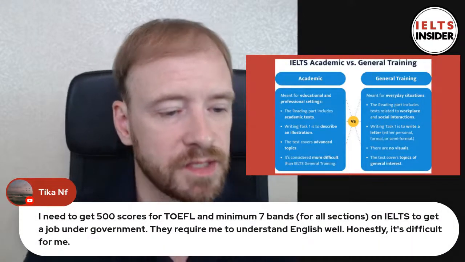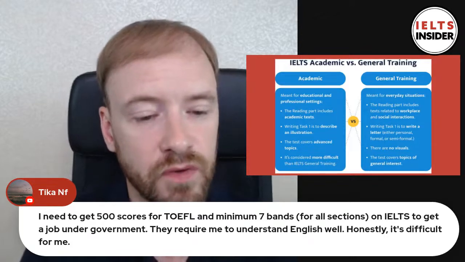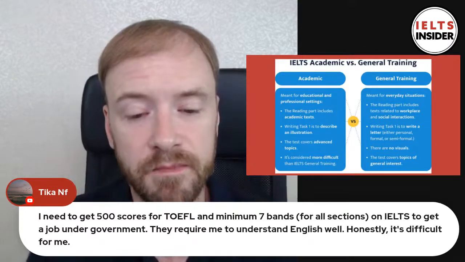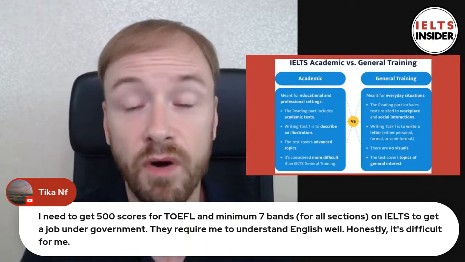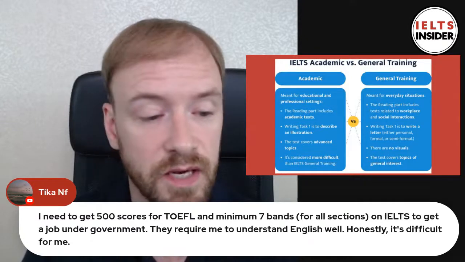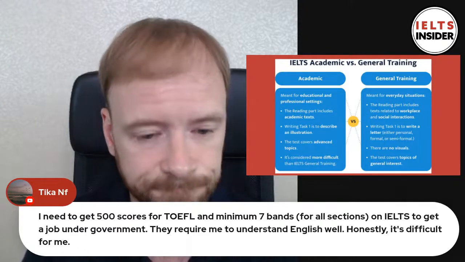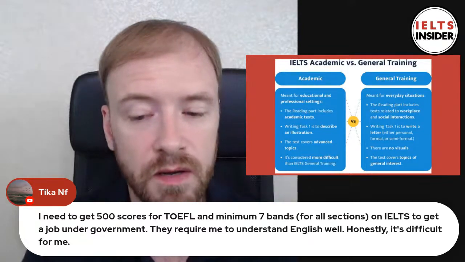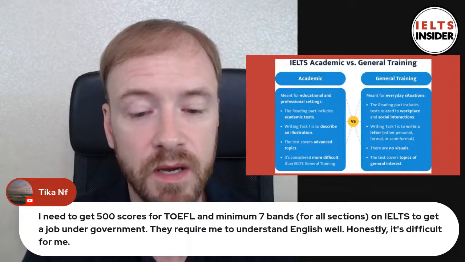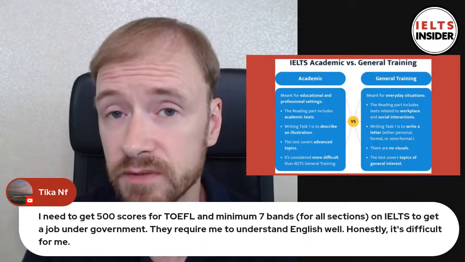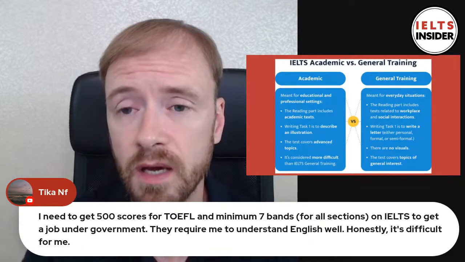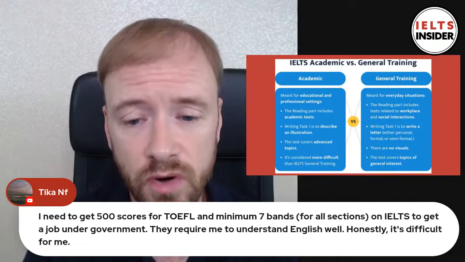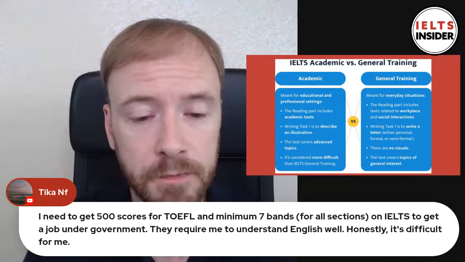All right. So Tika says I need to get 500 score for TOEFL and a minimum band seven for all sections on IELTS to get a job under the government. They require me to understand English well. Honestly, it's difficult for me. Honestly, it's difficult for everyone. Most students do struggle to get band 7.